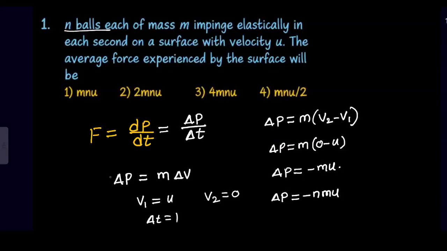So from this, we can write finally F is equal to change in momentum, delta P by delta T. So that is given as F is equal to minus N M U by delta T, which is given as 1.